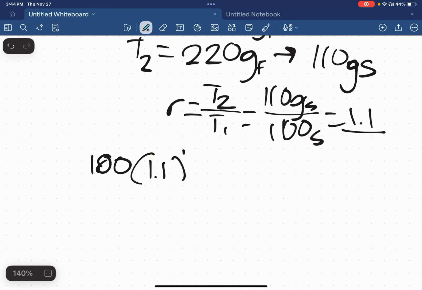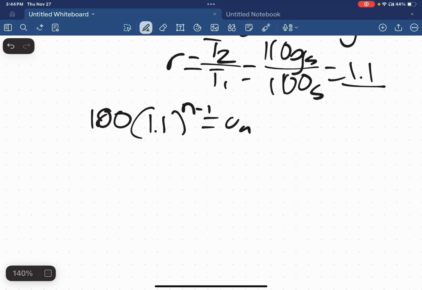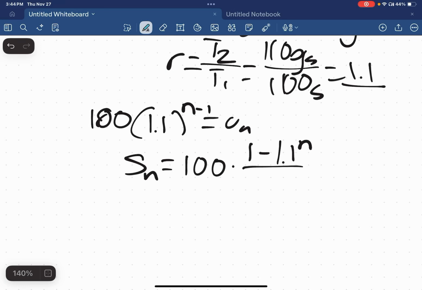We need to find the sum of all this by creating a summation. And remember our geometric summation is going to start with our U1 here times 1 minus r to the n, over 1 minus 1.1, which is our ratio.